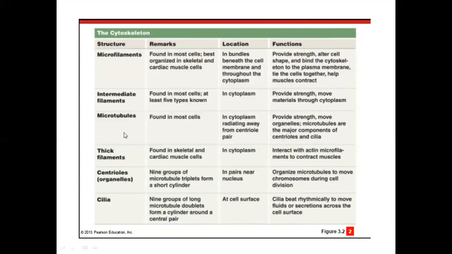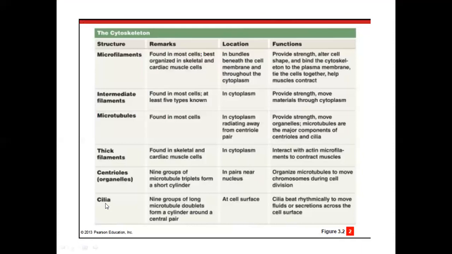Intermediate filaments, these are specific examples of cytoskeleton, types of cytoskeleton. Filaments here in skeletal muscle and cardiac muscle. The thick filament is made up of a particular type of contractile protein. There's where you can find it in the cytoplasm and then what it does, its function. Centrioles are really important. We'll talk about later in cell division.